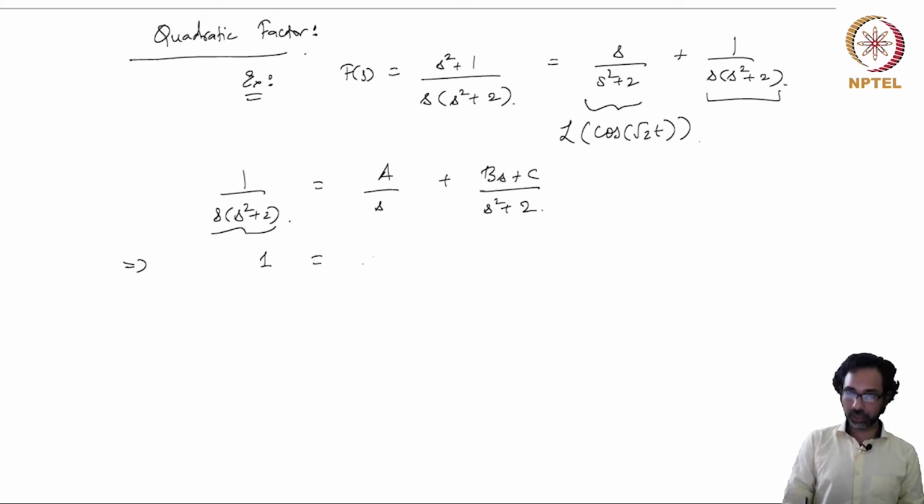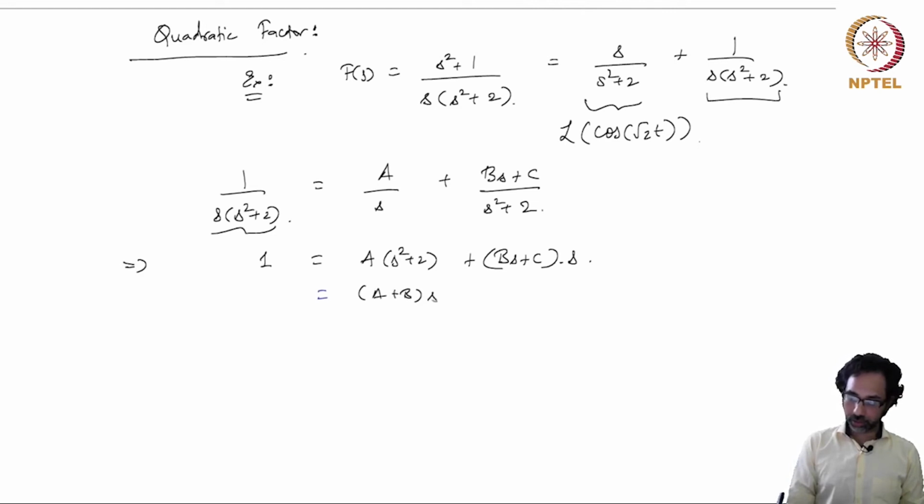So you will get 1 on the left side, and A times (s squared plus 2) plus (Bs plus C) times s on the right hand side. One gets (A plus B) times s squared plus C s plus 2A.